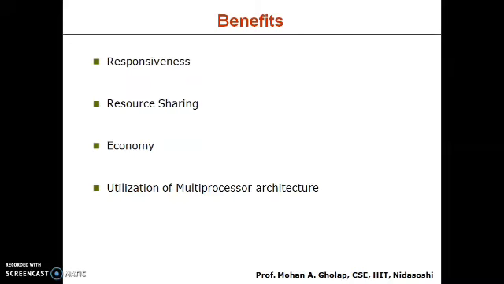What is responsiveness? When a process is executing, it may create a number of threads. If you don't create a number of threads, what happens? When a process is executing, if it executes a blocking system call, the entire process execution will halt. But if you have a number of threads running and any one thread executes a blocking system call, only that thread's execution will be halted.